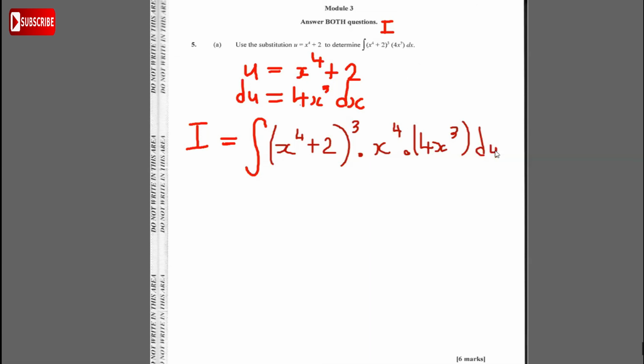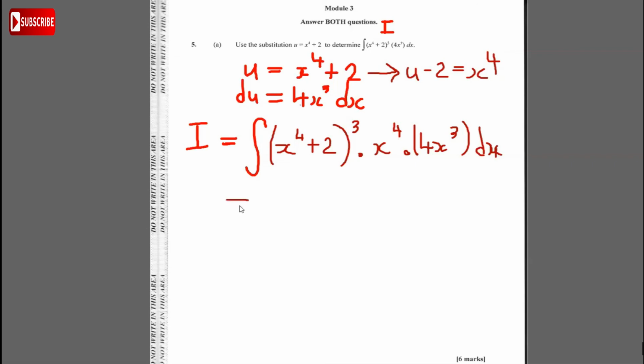But this part right here, this 4x cubed dx, is du, this part is u cubed, x to the 4 now. Now if x to the 4 plus 2 is u, then x to the 4 by itself is just u minus 2. That implies that u minus 2 equals x to the 4. You'll see it better when we substitute.